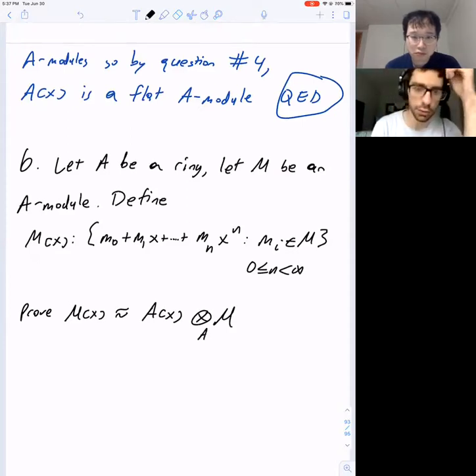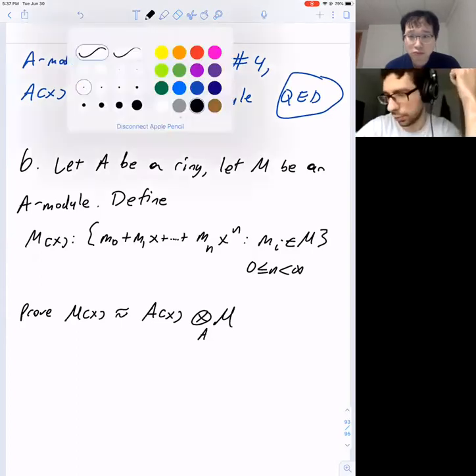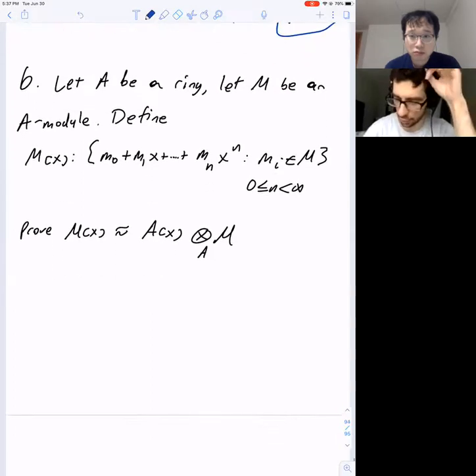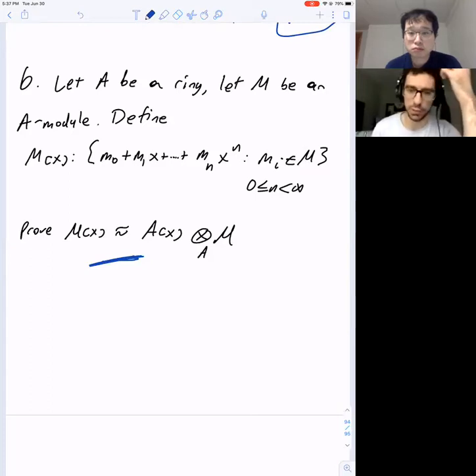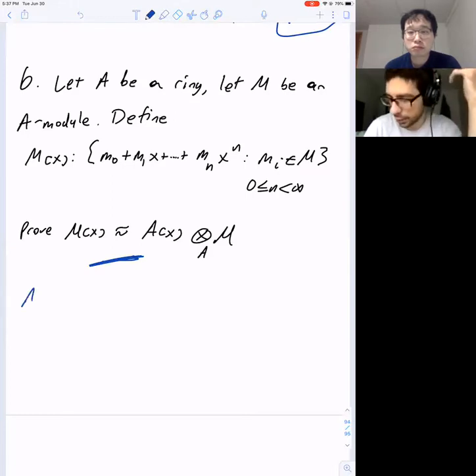So how would you do that? Well, I'm not going to prove it has an A module structure. I think it would be obvious what the A module structure is when I in fact prove this isomorphism. I know that doesn't make sense. First, you should prove they're in fact modules before you make an isomorphism, but it's clear. If not, I encourage you to try it as an exercise.